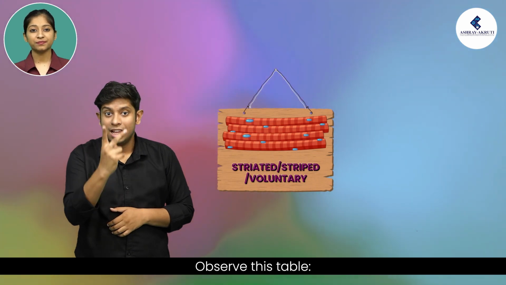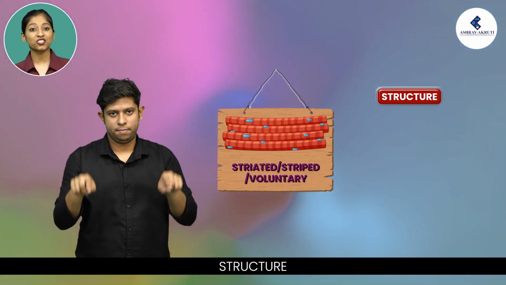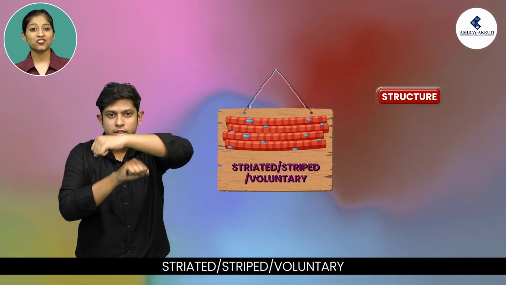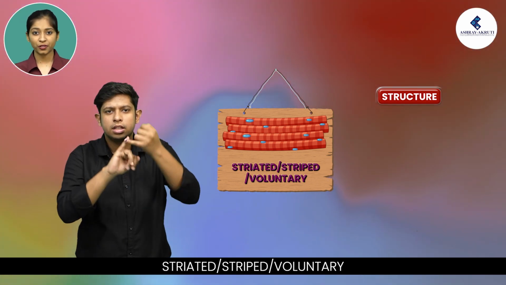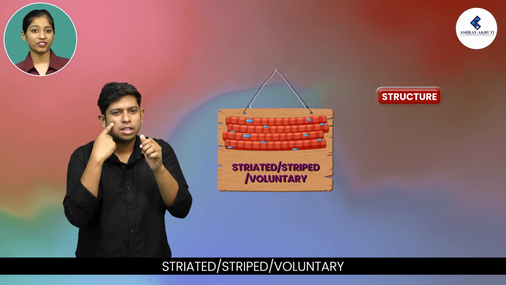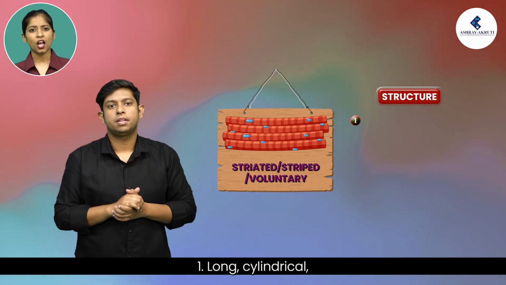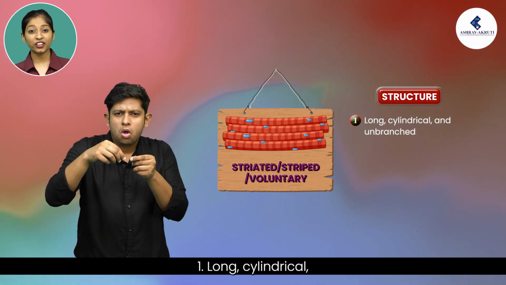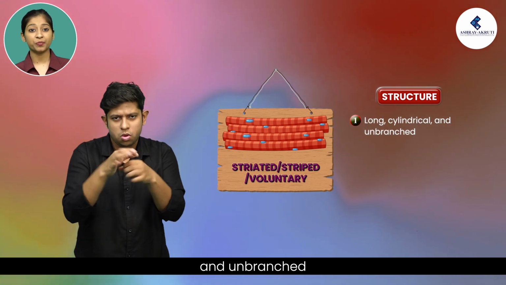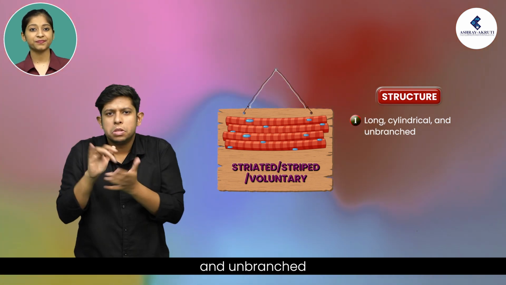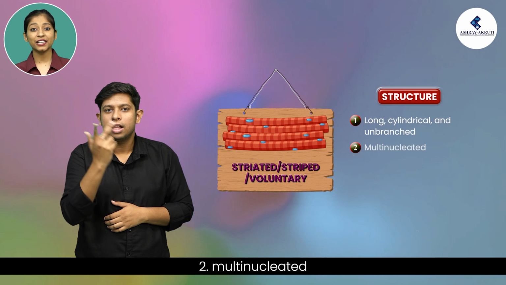Observe this table. Structure: striated or striped or voluntary. Long, cylindrical and unbranched. Multinucleated.